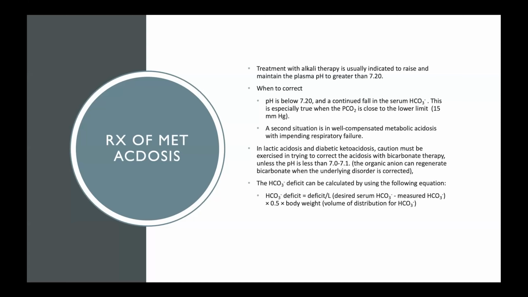Desired level is 15, measured is 9, so the difference is 6, multiplied by half of the body weight. That means for a 60 kilogram person, 30 times 6 is 180. That is the calculation if you really want it.